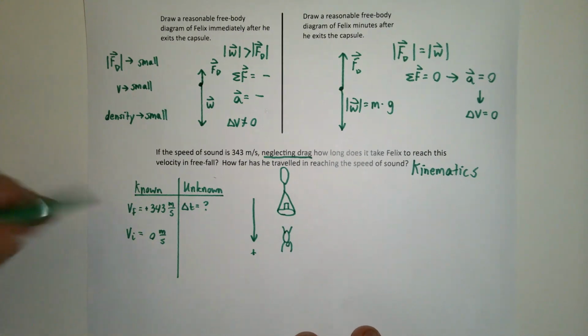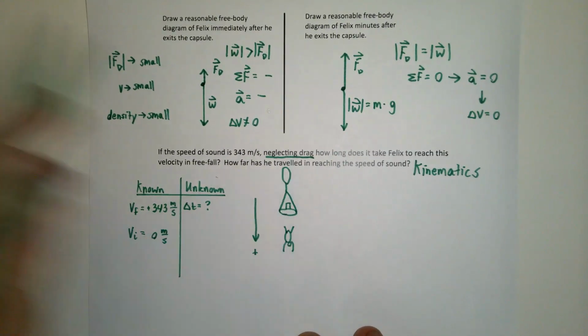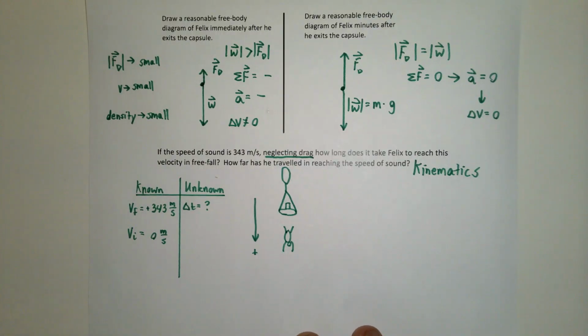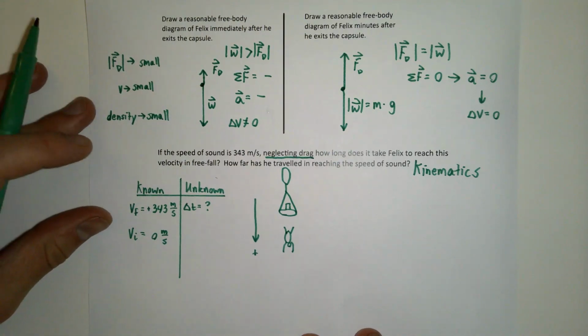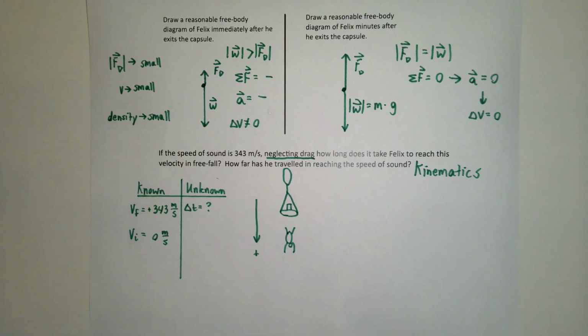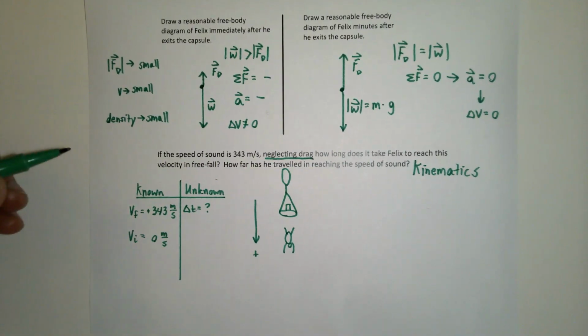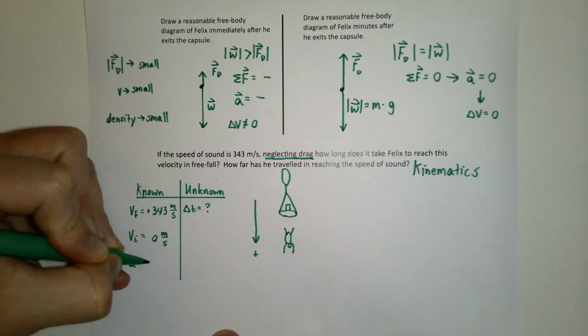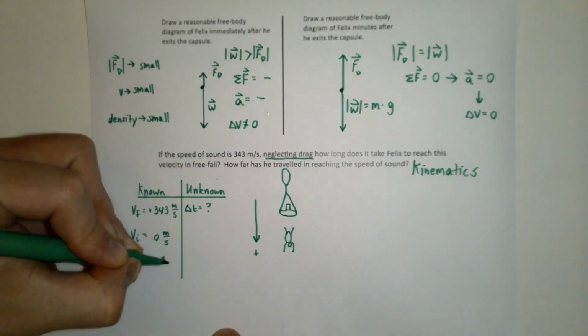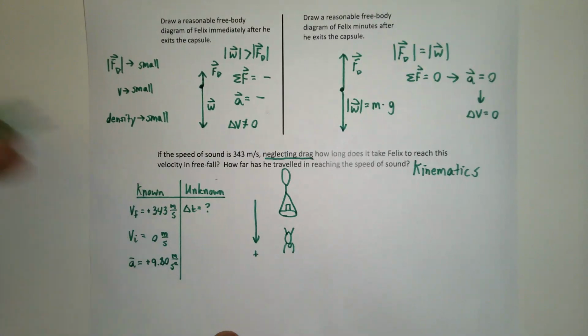We do know that because we're neglecting drag, based upon our free body diagram, what is the only other force acting on Felix? That would be his weight, or gravity. If the only force acting on an object is gravity, what must be his acceleration? It must be free fall acceleration, 9.80 meters per second squared.